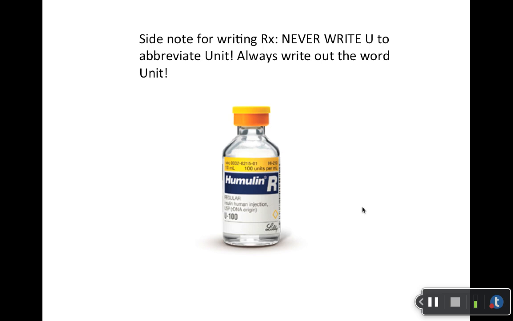Unfortunately, there have been a lot of medication errors with that. So best practice, when you are ordering anything with units, specifically insulin, is to write out units. The good news is that it's fast becoming an older issue, because a lot of electronic health records are typed out now. When you go in your hospital or on your rotations and you put in an order for insulin, it automatically writes units in there.